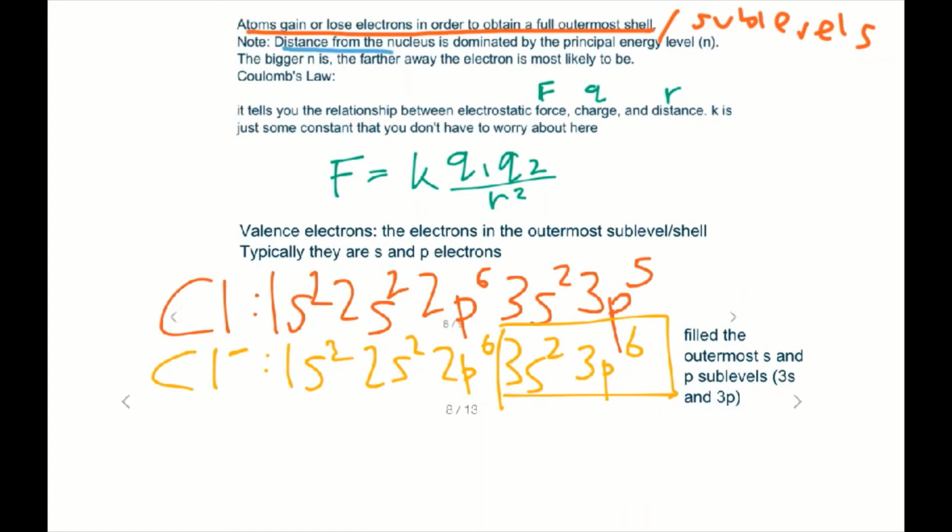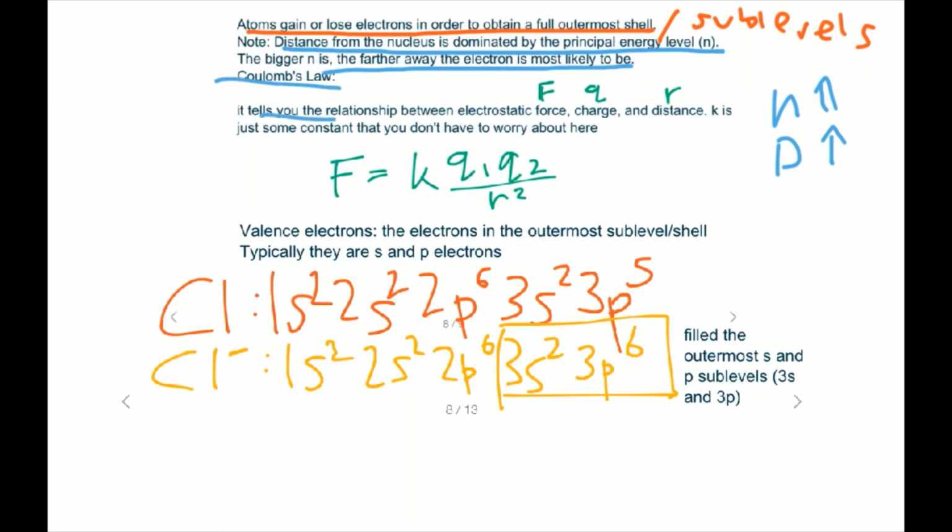The distance from the nucleus is dominated by the principal energy level n. So remember how I told you that if the n is higher, then the electron is generally located further from the nucleus. And the bigger the n is, the farther away the electron is most likely to be. And this goes into a topic known as Coulomb's Law.